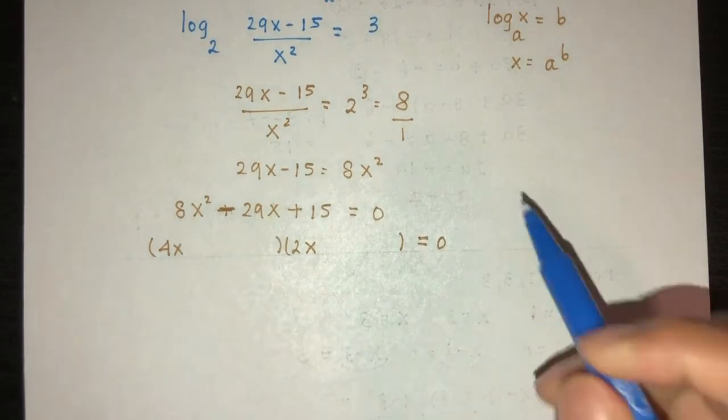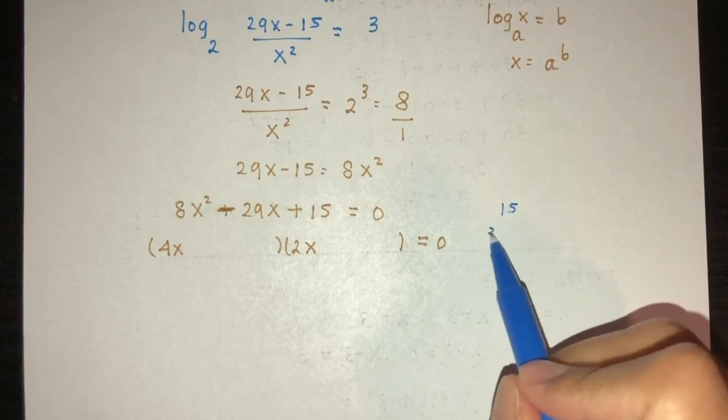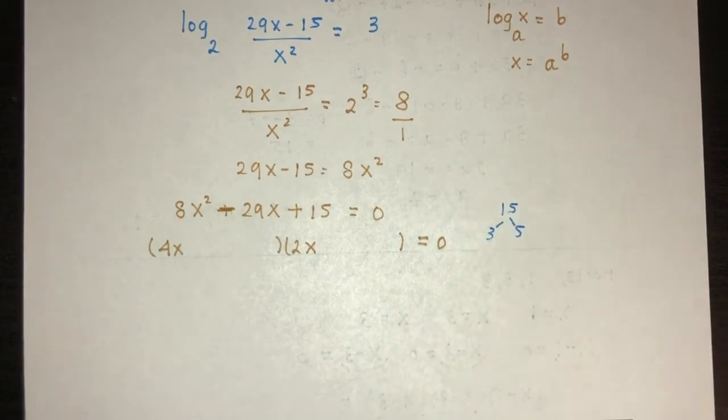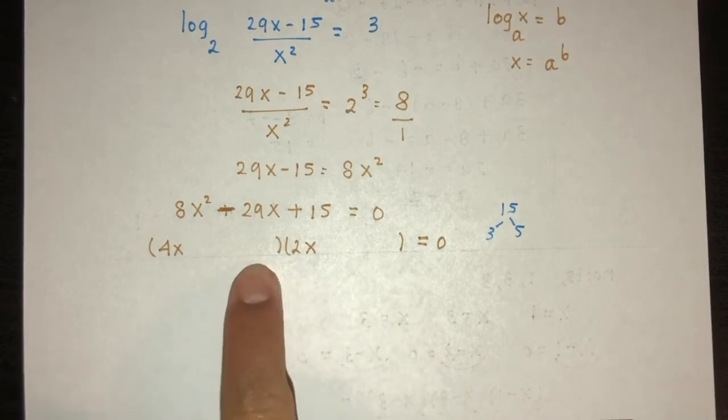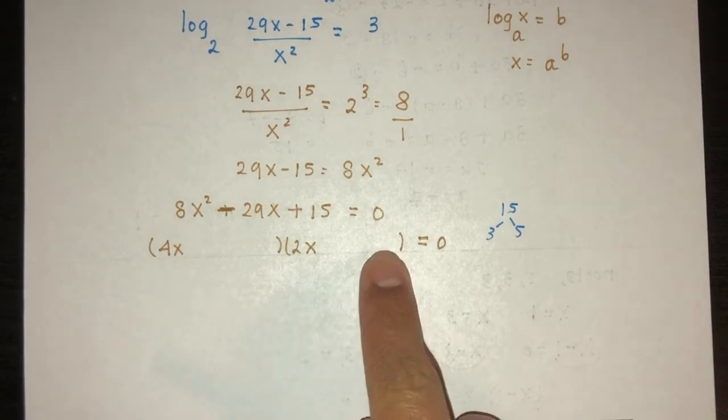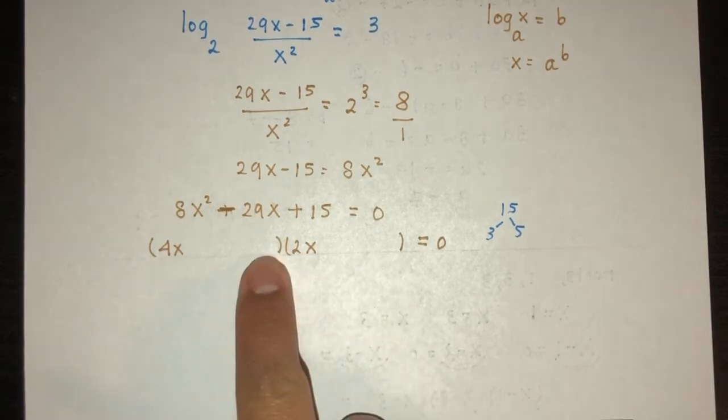Let's see where we can put 3 times 5. If you put 5 here and 3 here, that will not be good because you will have 20 and then that will be 6, so it will not be enough.